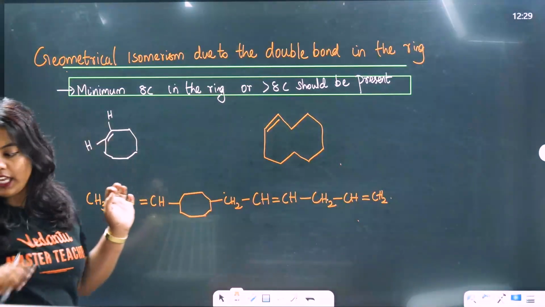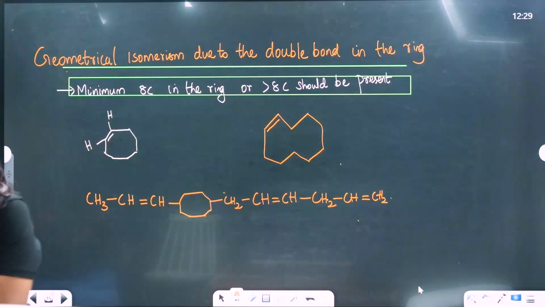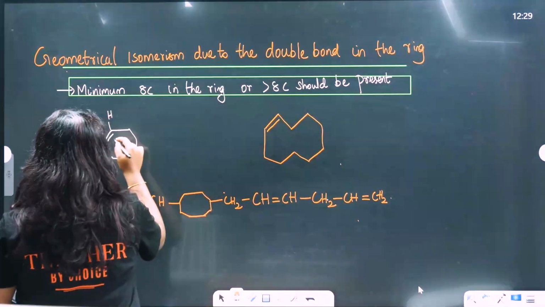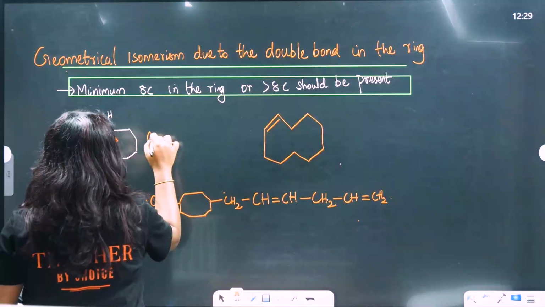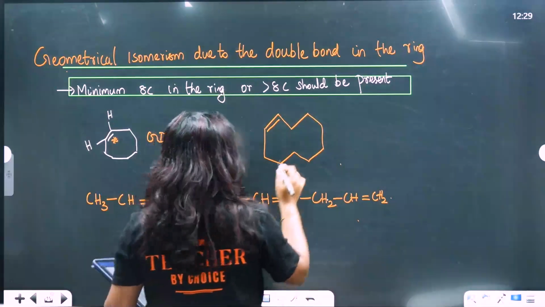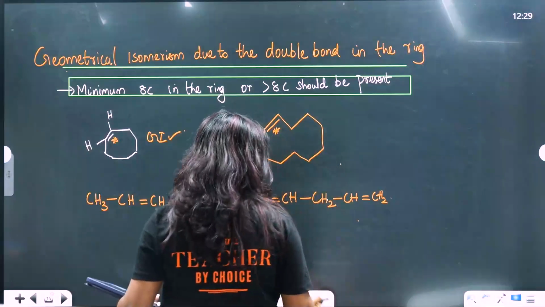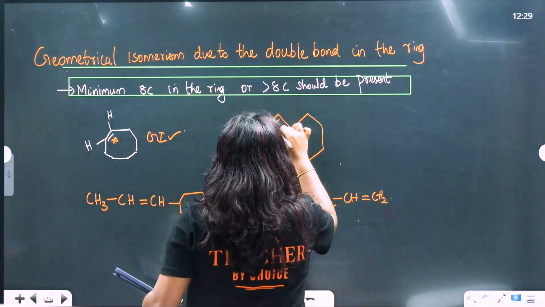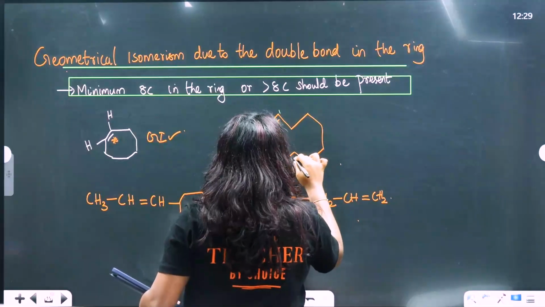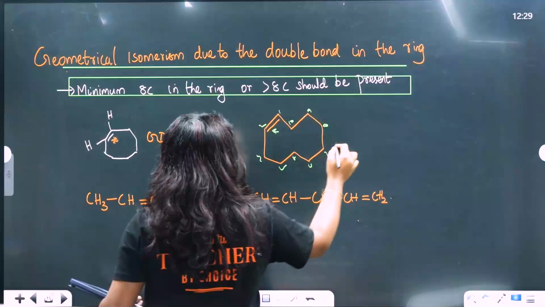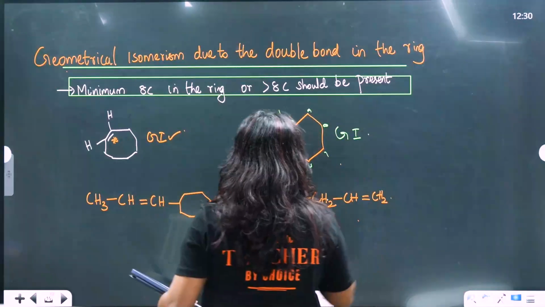There are 8, so geometrical isomerism is possible, correct? Now coming to this one, they will also have geometrical isomerism, because 1 2 3 4 5 6 7 8 9 10 carbons, so they also can show geometrical isomerism.